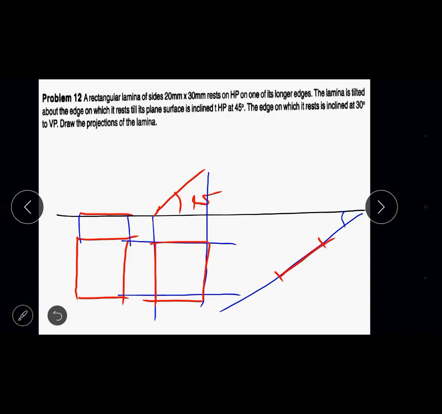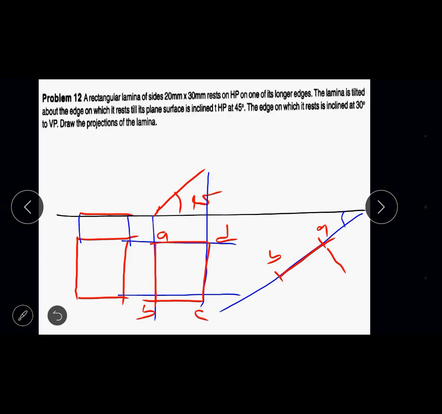After marking this, keep your protractor center point at position A. This is A, B, C, and D. So this is your A and this is your B. Consider a 90 degree line with dimension AD.